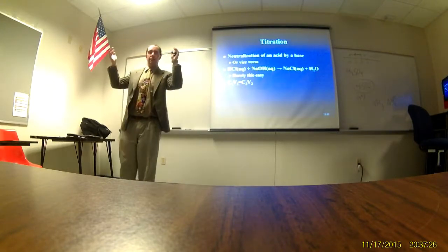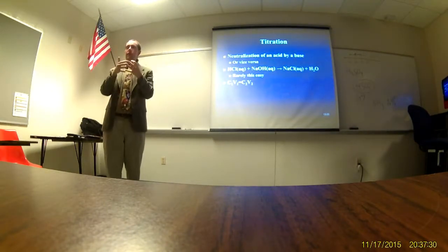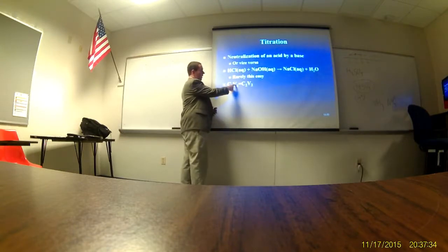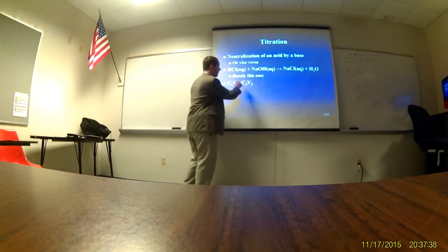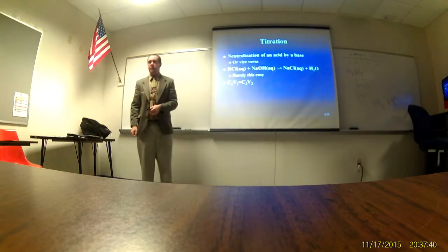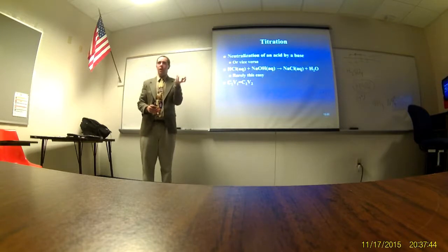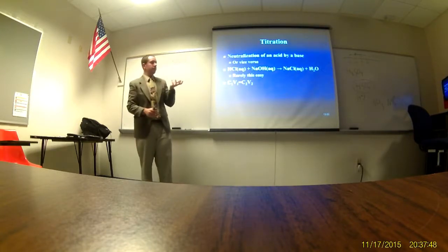So if you're going to add some acid to a base, and they're going to exactly neutralize each other, the concentration times the volume of the acid is going to be equal to the concentration times the volume of your base. If you have an acid, you know how much volume you have, but you don't know what concentration it is.